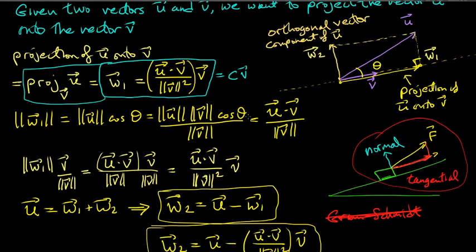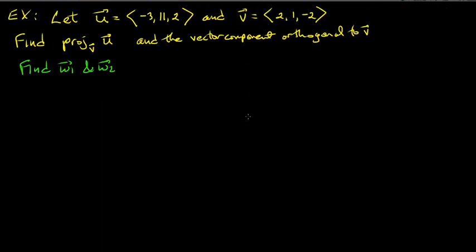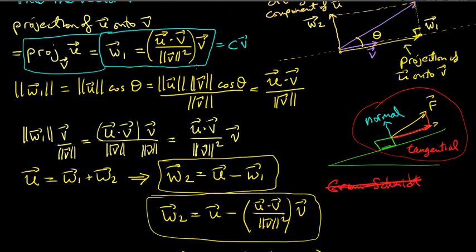So we're just going to use this process up here. So let's start with w1. w1, also known as the projection of u onto v. So the formula, I hope you remember it, u dot v divided by the magnitude of v squared times v. Right, we just did that.